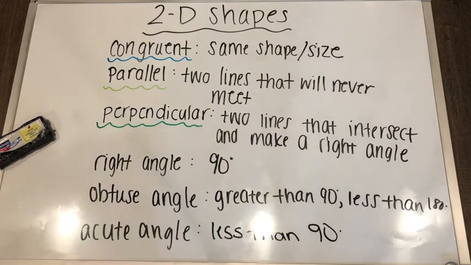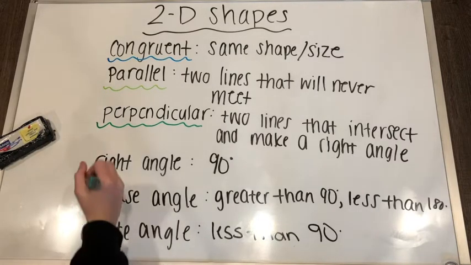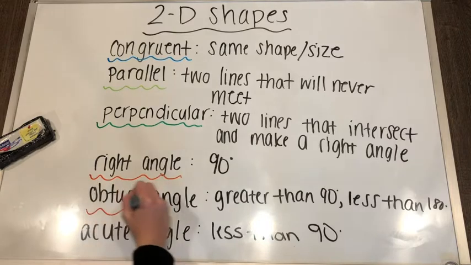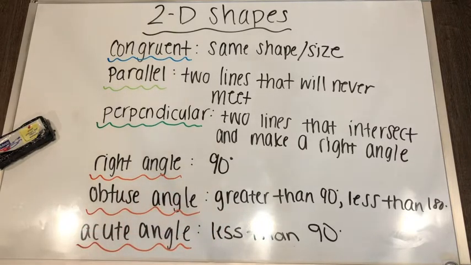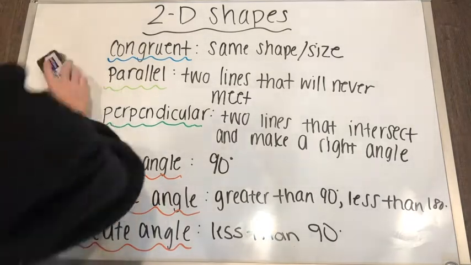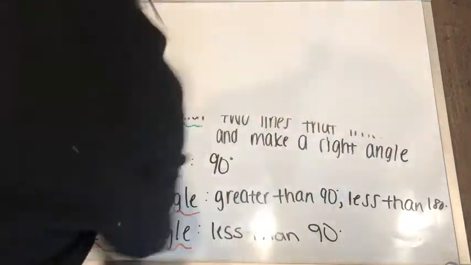Okay, so these are the different types of angles that we may end up seeing in our different two-dimensional shapes. Right, obtuse, and acute. Now we're going to get into talking about different two-dimensional shapes. First we are going to talk about polygons.